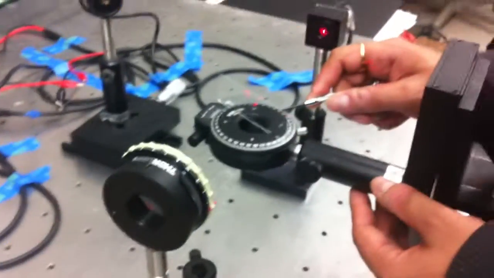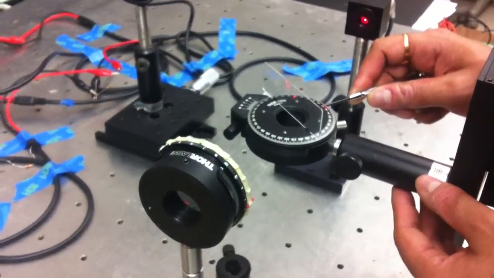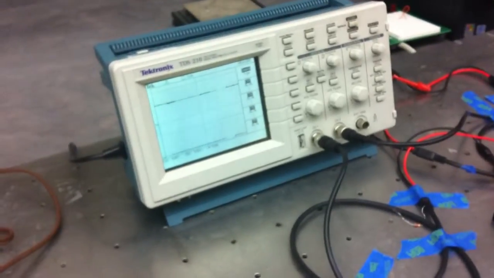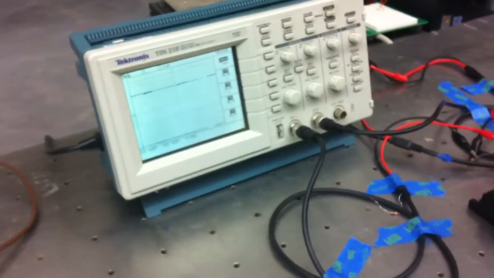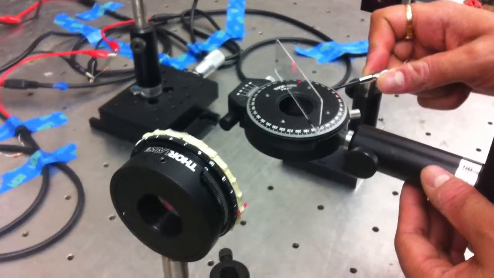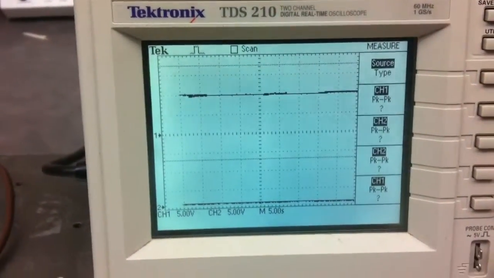Next, I'm going over to 30 degrees. It's still close to 10 volts. Going to 40, maybe a little higher now. It's approaching 10.5 a little bit.